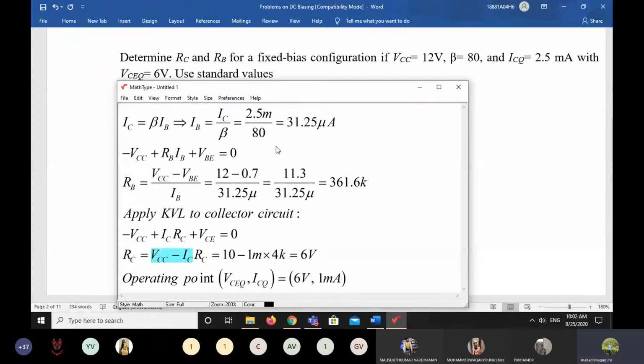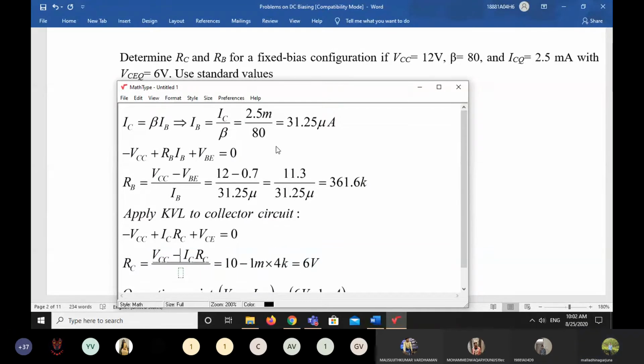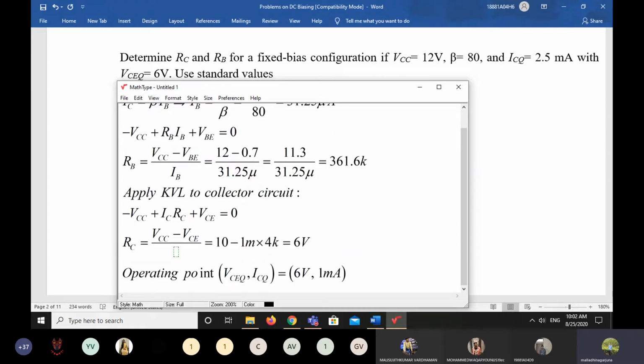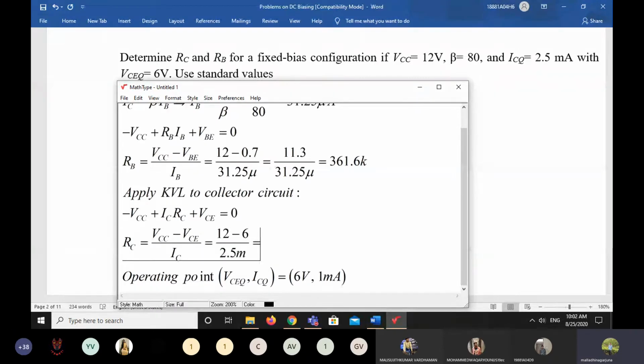So RC is equal to VCE by IC, that is 12 minus VCE is 6 volts, IC is 2.5 milli. So the answer is 6 by 2.5, this is 2.4K.